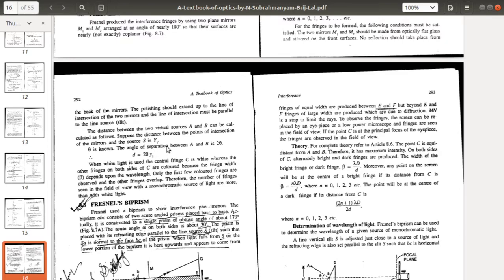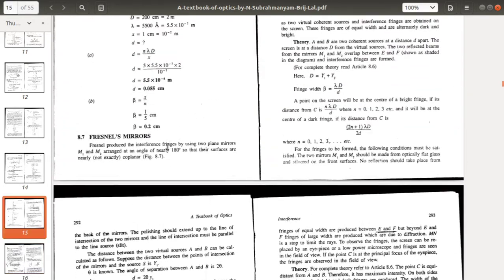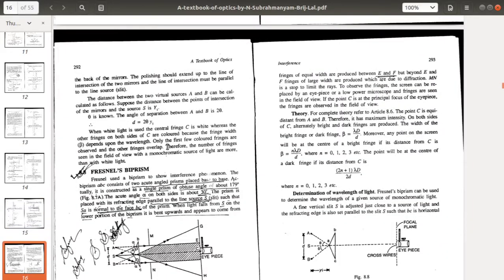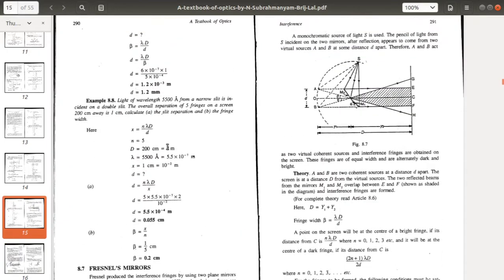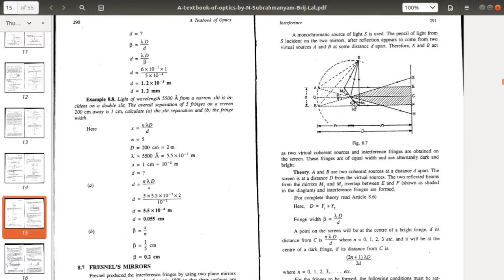We have already marked that y1 in the figure. Theta is the angle of inclination between the mirrors. So the angle of separation between A and B is 2 theta.